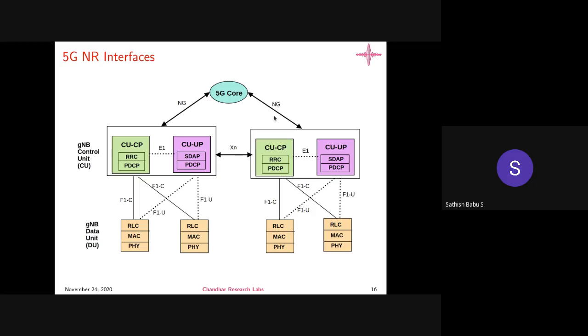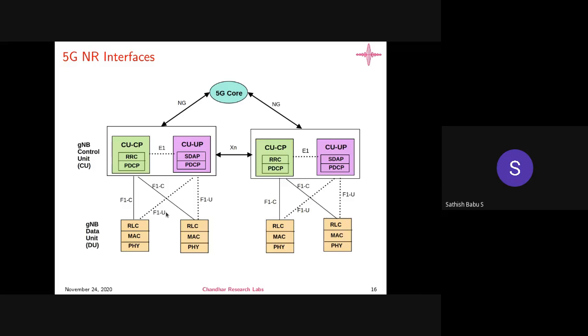Every gNB control unit has E1 interfaces. Next is how this control unit connects with your data unit. There are two interfaces. The control plane connects with the data unit through F1-C, C standing for control plane, whereas the user plane communicates with the data unit through F1-U. So only four interfaces.